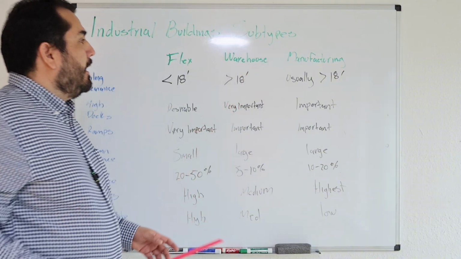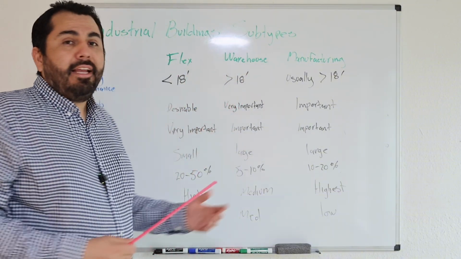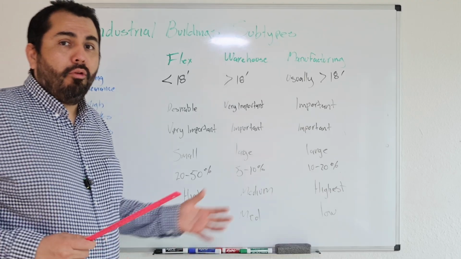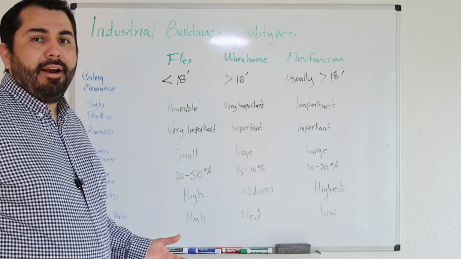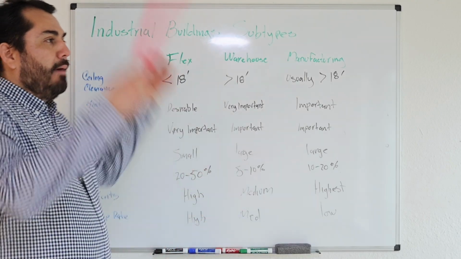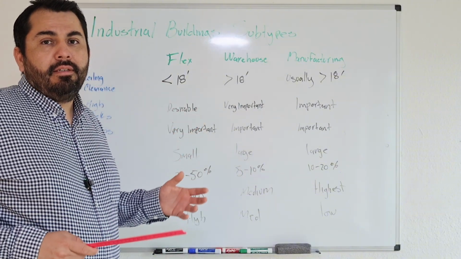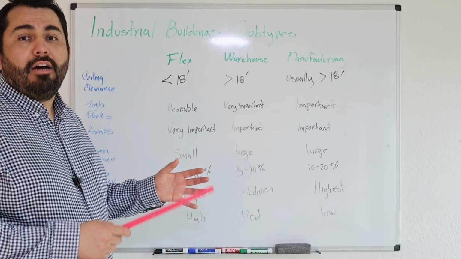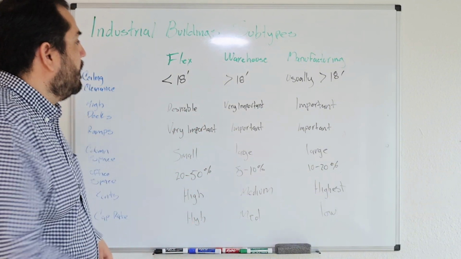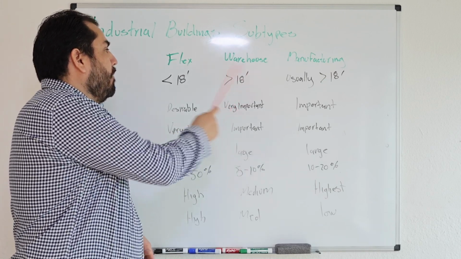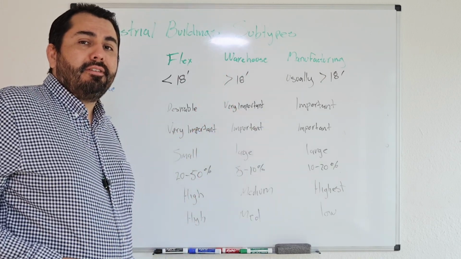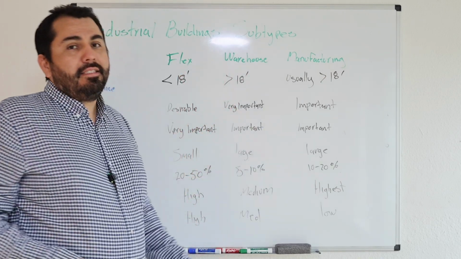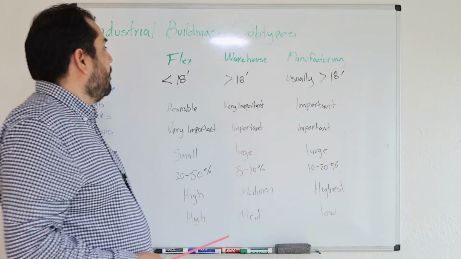But the warehouse needs it. Think about Amazon, a big warehouse company. They have big racks, and automated racks with robots, so they are looking for big clearances. At least for Amazon, I would say 30 feet.